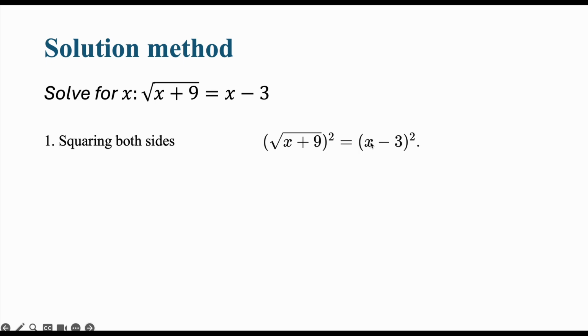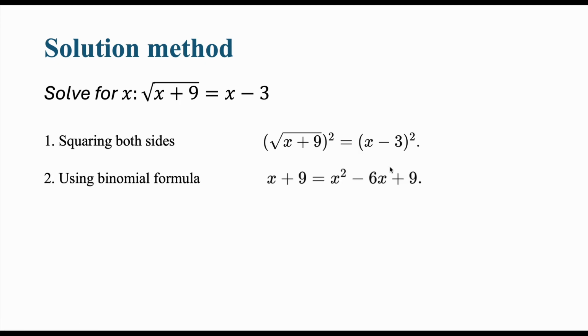In this case it would be x squared minus 2ab, so minus 2 times 3 times x, so minus 6x, and then plus 3 squared, which is 9. So on the right hand side it should be x squared minus 6x plus 9. So this is exactly what we have here using the binomial formula.